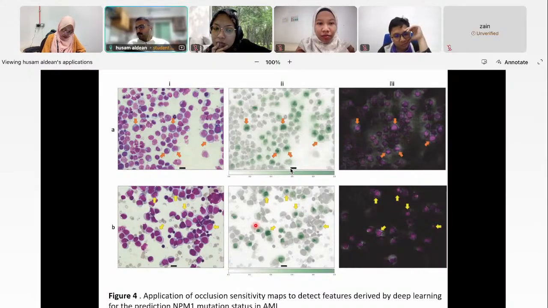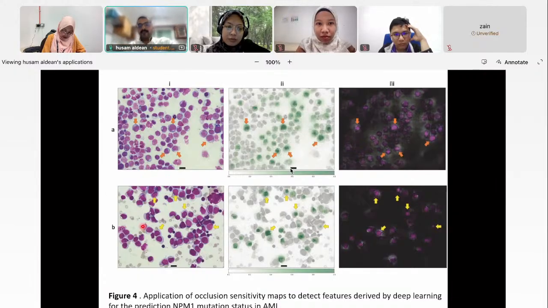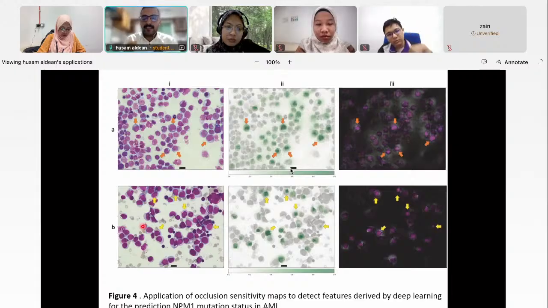Let's look at this interesting figure. After getting the results, others want to know the interpretation of this model, and why they got these results.